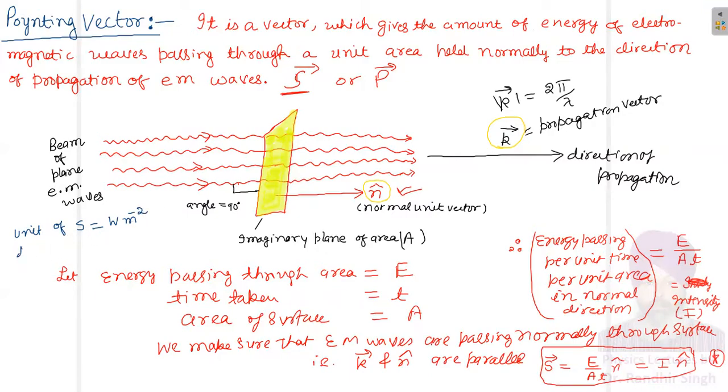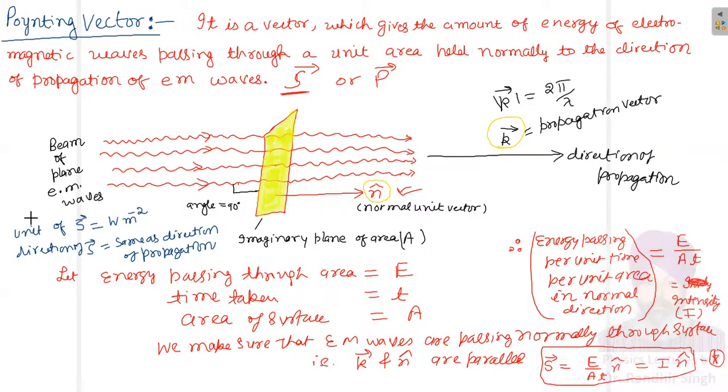And the direction of the Poynting vector S will be the same as the direction of propagation of electromagnetic waves. So these two things we can learn just from the definition of the Poynting vector.